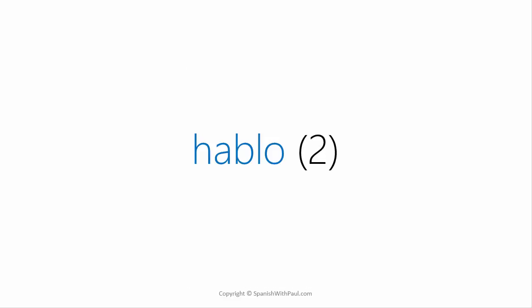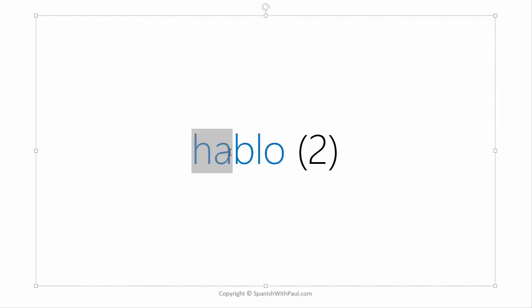The default rule is that your stress, where you push down on the word, always comes on the syllable before last. So here we have just two syllables, so we get hablo. If I said hablo with the stress on the end, that would mean something entirely different.